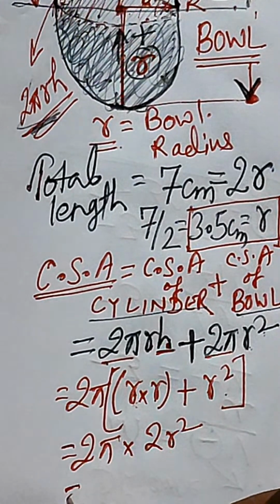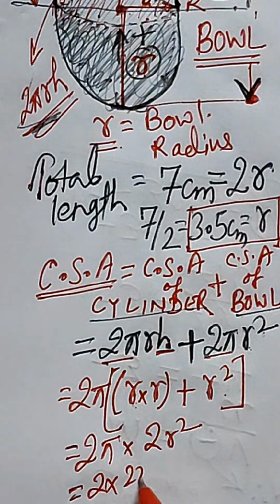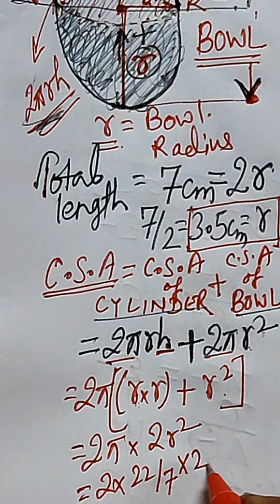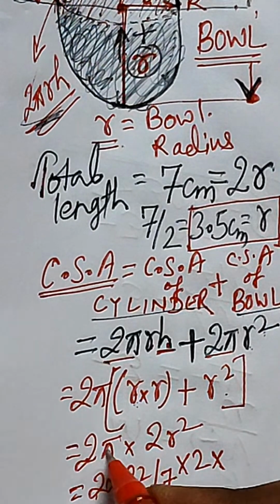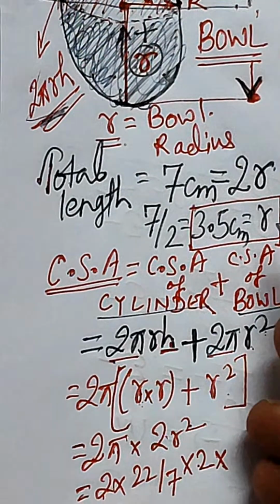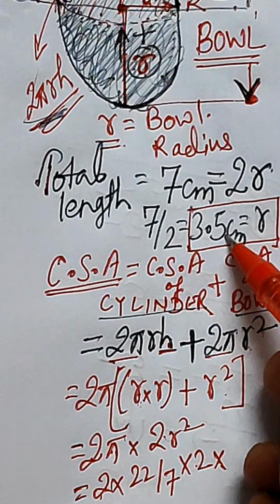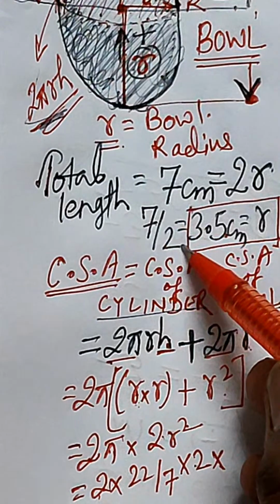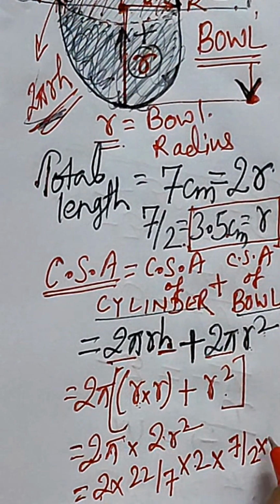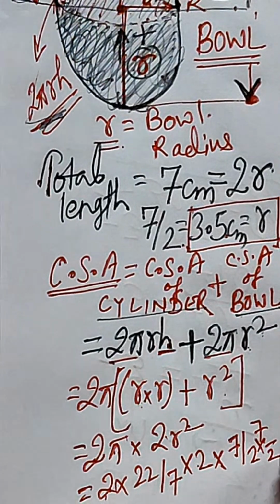This will give you 2 into 22 by 7 into 2, into R square. R square is 3.5 square, or we can write 7 by 2 whole square, so 7 by 2 into 7 by 2.